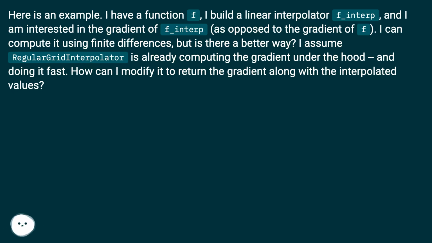I assume RegularGridInterpolator is already computing the gradient under the hood and doing it fast. How can I modify it to return the gradient along with the interpolated values?